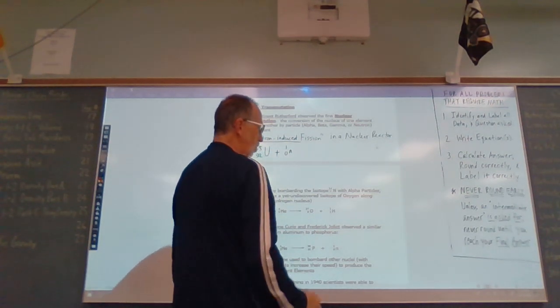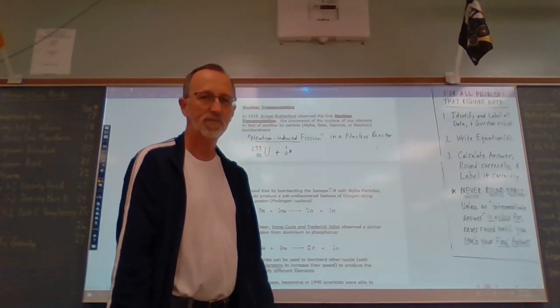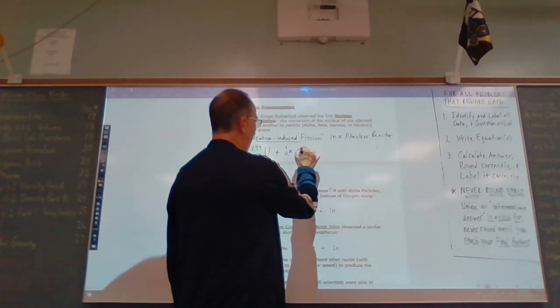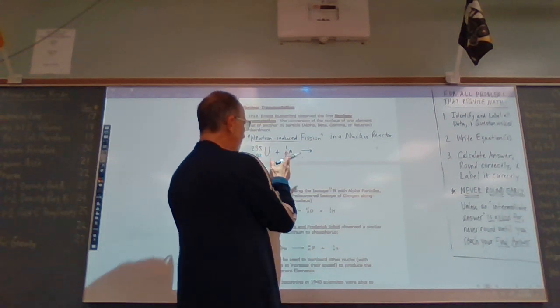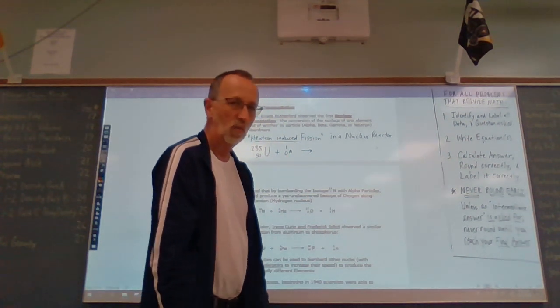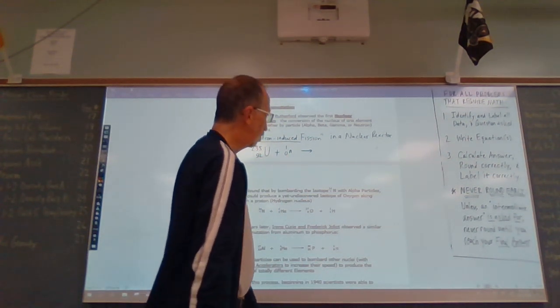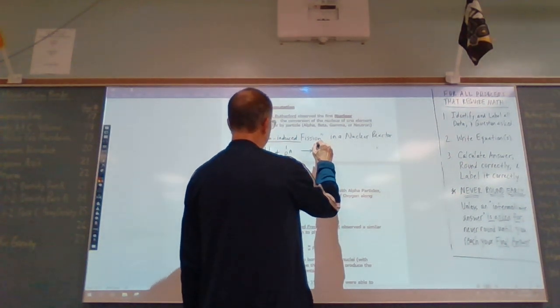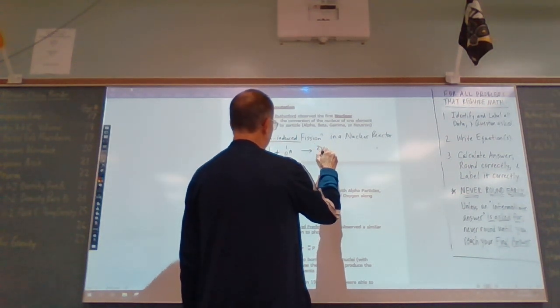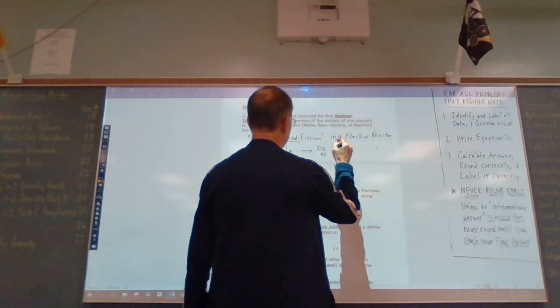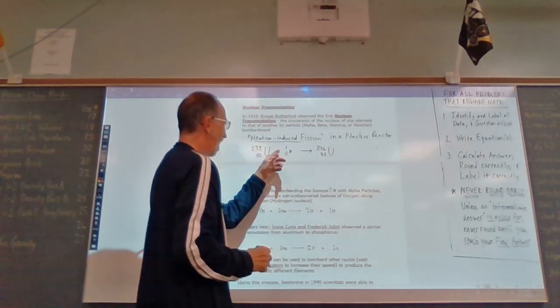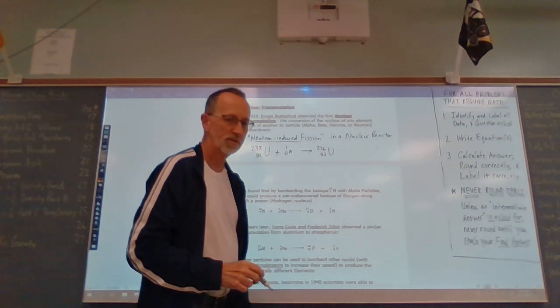So we shoot a neutron at an isotope of uranium-235, and it splits it. And here's what happens. First thing it does is it combines with uranium-235 and gives us uranium-236. Just following the conservation of mass like we did with our nuclear equations, 235 and 1 is 236. Atomic number stays the same.